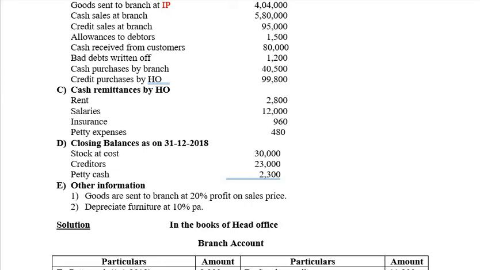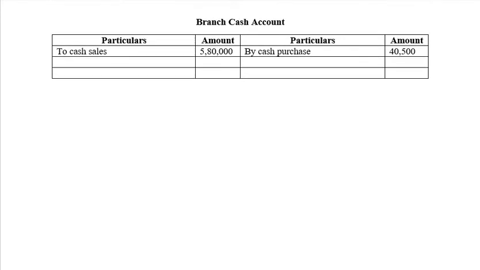So the first entry will go to the cash account. What is the amount? Cash received from customers is 80,000. Since you are receiving it, one entry will be to the cash account.